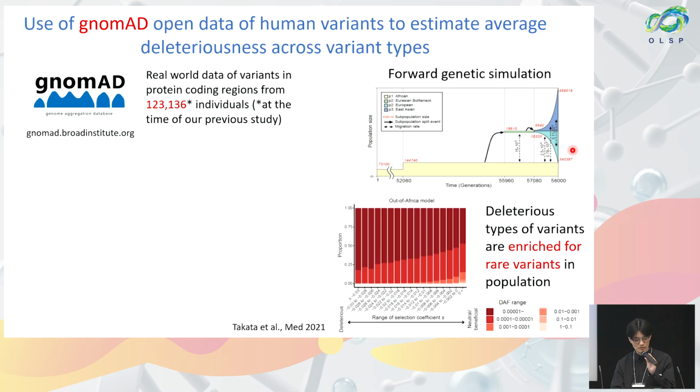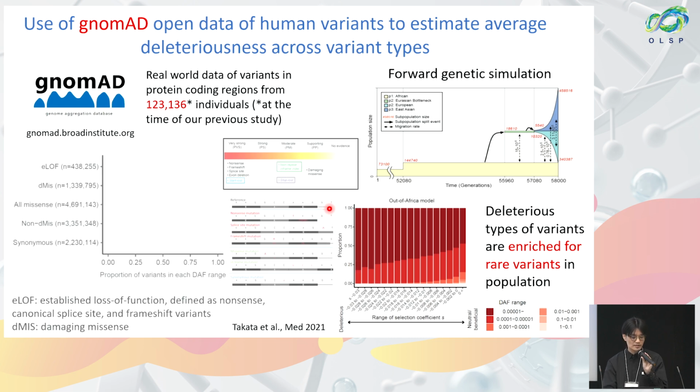In this simulation, what we found is that the deleterious types of variants under strong negative selection pressures are enriched for rare variants, indicated by this dark red.